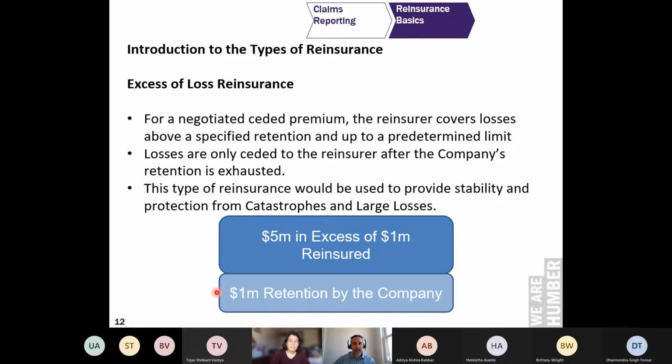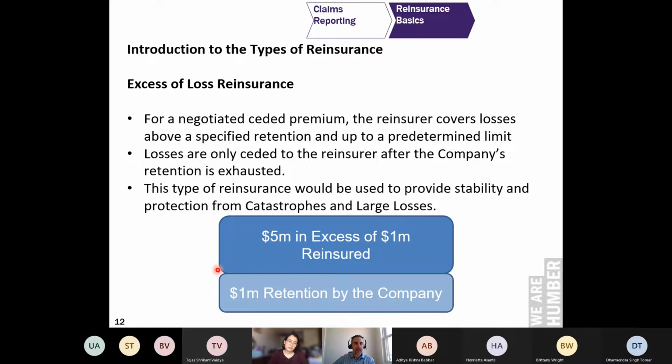If it's 500,000, no reinsurance. 1 million, no reinsurance. The company keeps all of it. But then as soon as you get to 1 million and $1, that $1 that's over 1 million is then reinsured, is then recovered from the reinsurance company as a ceded claim.